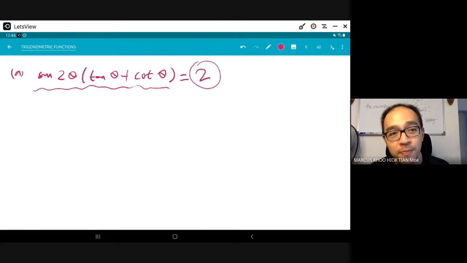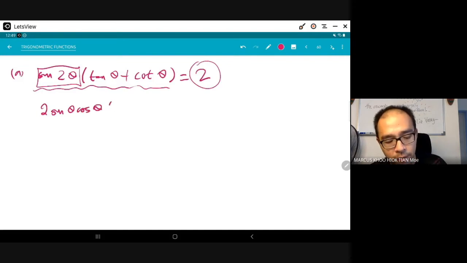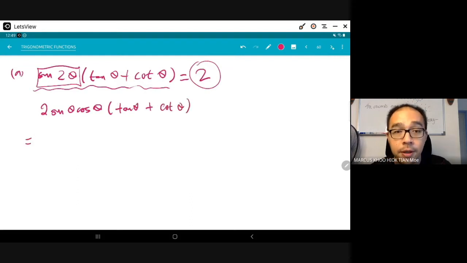Right? Okay, so first thing we can do is substitute the sine 2 theta. Sine 2 theta will give us 2 sine theta cos theta, and then you have tangent theta plus cotangent theta. We're going to prove all this goes all the way to 2.